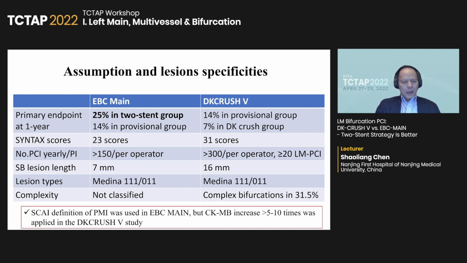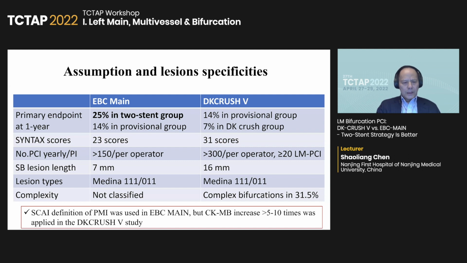Even though I was not a steering committee member, I guess it was probably because the early Nordic study reported a very high rate of biomarker release with the 2-stent technique. So I guess the EBC team tried to get a high rate of per-procedure myocardial infarction in the 2-stent group, which could be the only reason for such a high expected 1-year MACE rate in the 2-stent group.